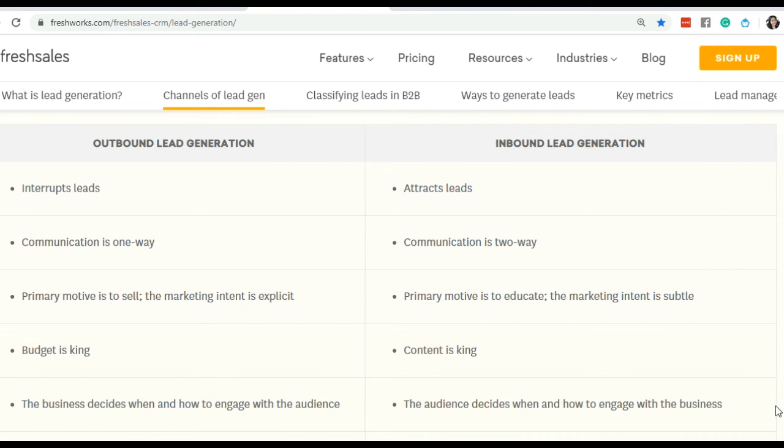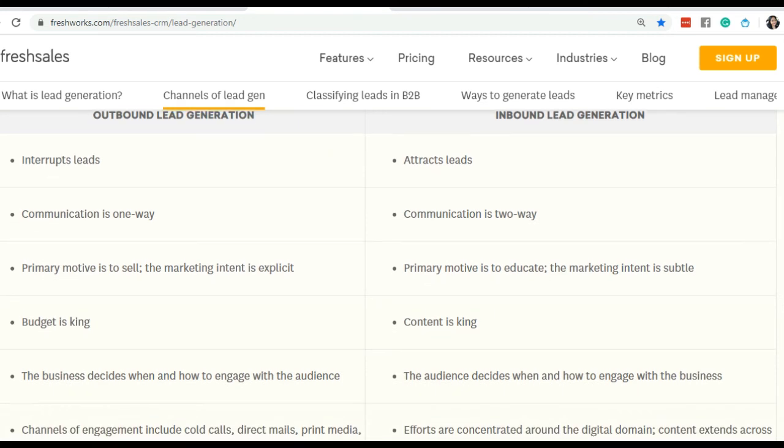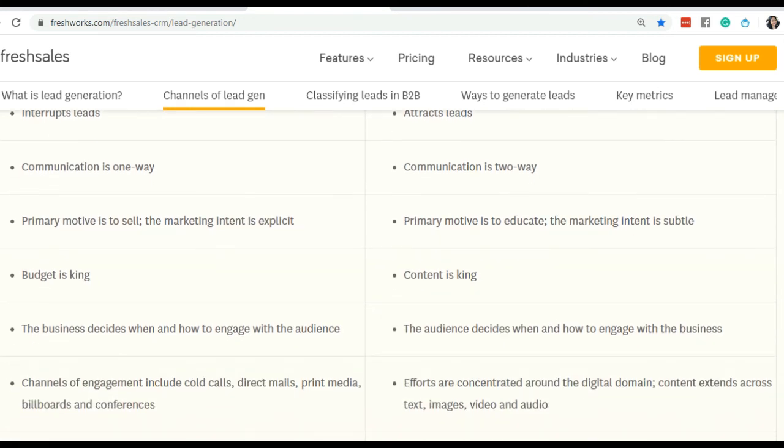Then the business decides when and how to engage with the audience for outbound lead generation, whereas for inbound, the audience decides when and how to engage with the business. Let's say I'm looking for a specific topic or I'm looking for a specific software and I check the blog or the website of that platform or that software.